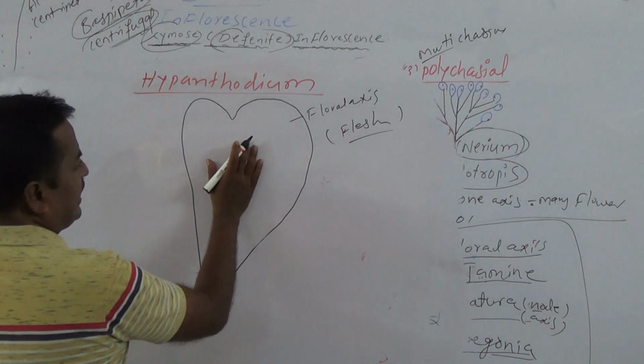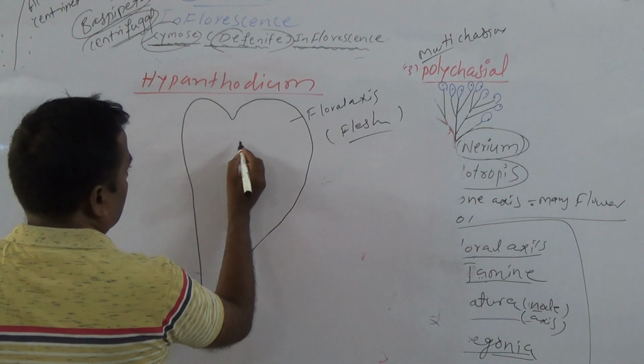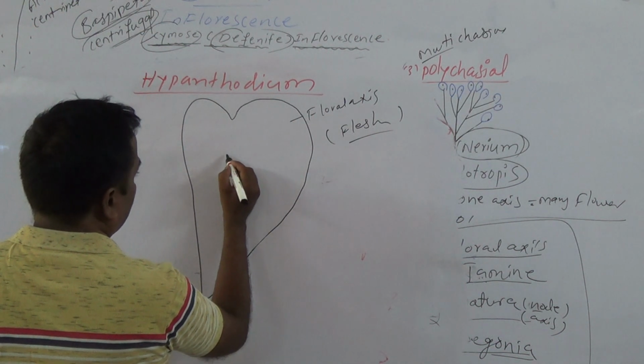It has 3 types of flowers. The floral axis contains 3 types of flowers.